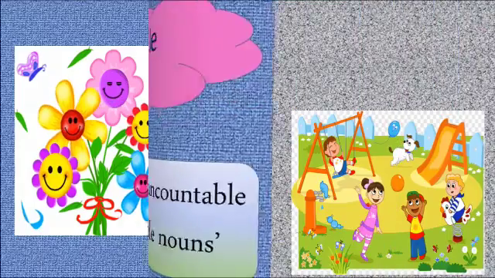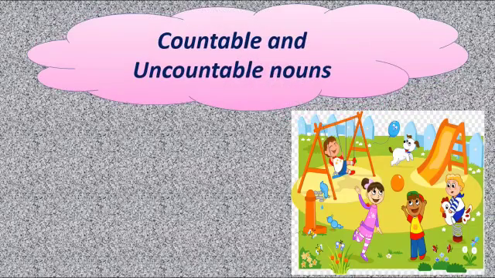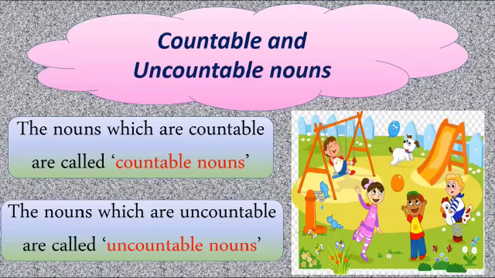So, our topic is countable and uncountable nouns. जी बच्चों, तो आज के लेसन में हमने क्या सीखा? We have learned the nouns which are countable are called countable nouns and the nouns which are uncountable are called uncountable nouns.